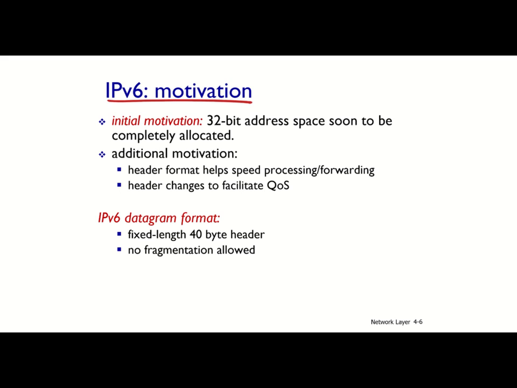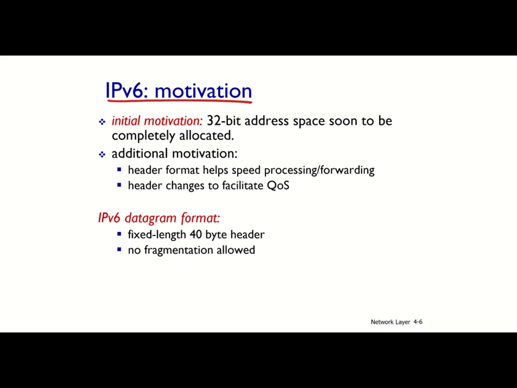IPv6 datagram has a 40-byte header, which is a fixed length header, and it's 2 times more than what we suggested for IPv4. We said for IPv4 we assume that the header is 20 bytes, but here we have 40 bytes.